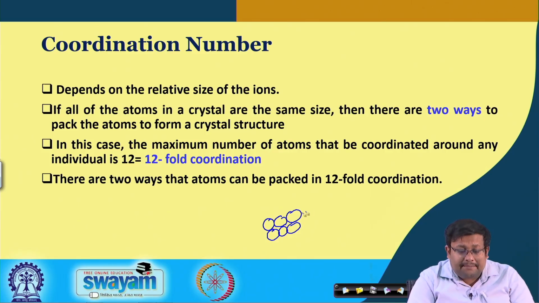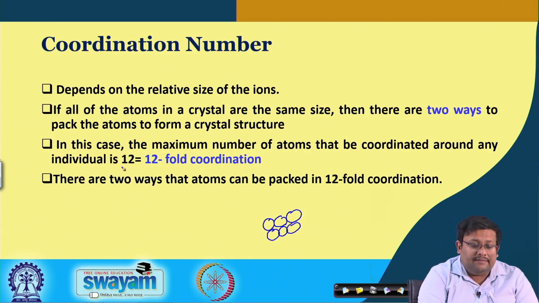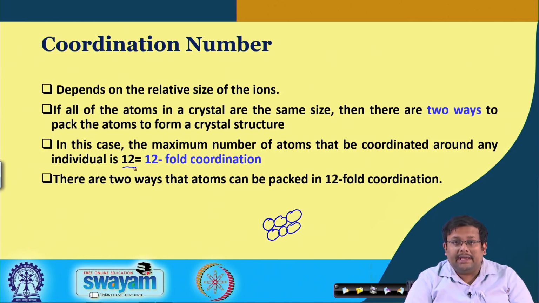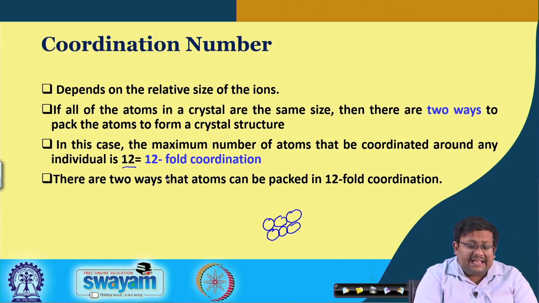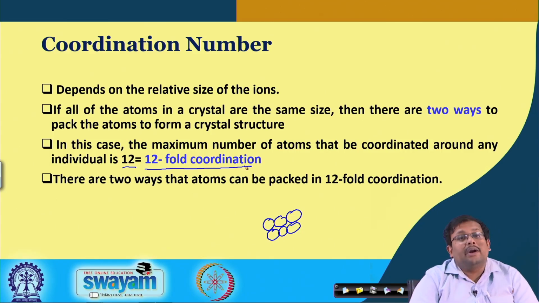Now, in this case, the maximum number of atoms that can be coordinated around an individual is 12 in this way, if we stack 2 layers. So, in that case, we will call it a 12-fold coordination.